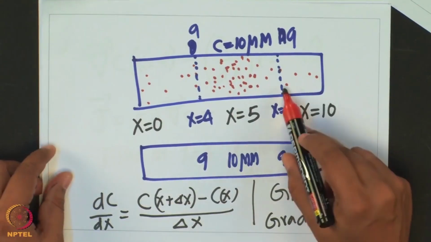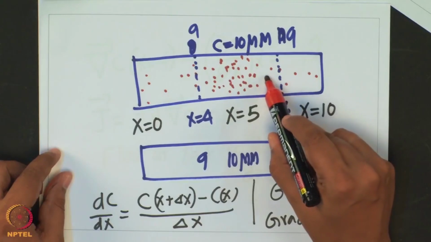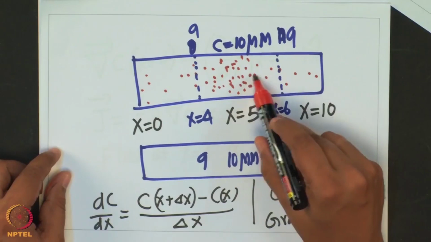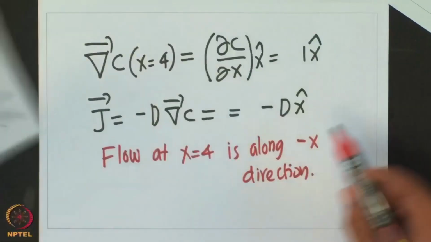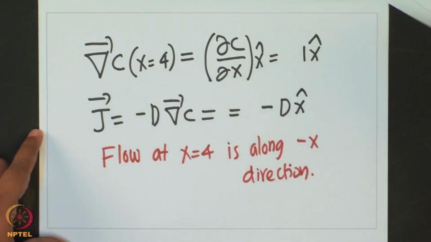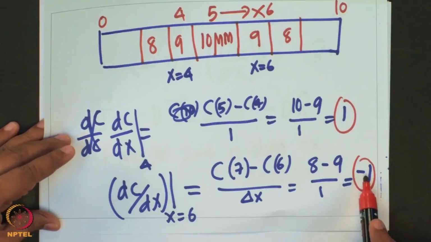Now let us look at x equal to 6, where the flow has to be along the plus x direction, because higher concentration here, lower concentration here. So the flow has to be from here to here, along the plus x direction. If I do the same thing at x equal to 6, we already found that at x equal to 6, the dC by dx is minus 1.